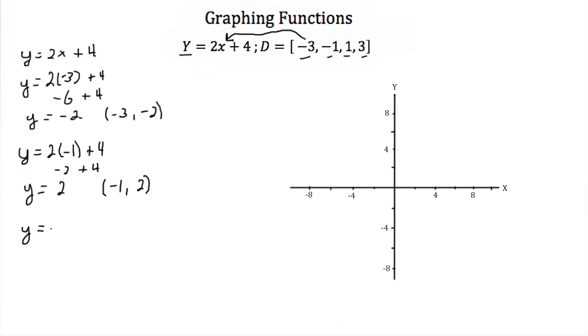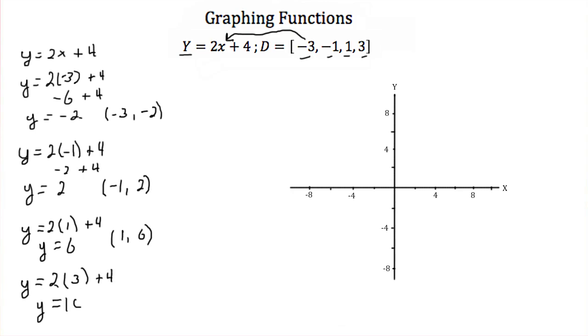Y is equal to 2 times 1 plus 4, so our y is equal to 6. So our third point is going to be 1, 6. And then lastly, we'll plug in 3 for x. So y is equal to 2 times 3 plus 4. So our y is equal to 10. So our final point will be 3, 10.